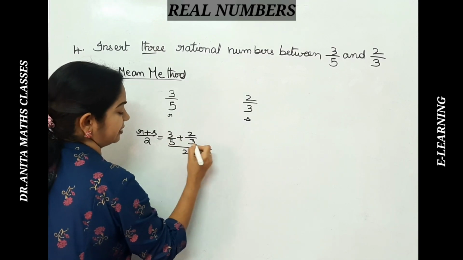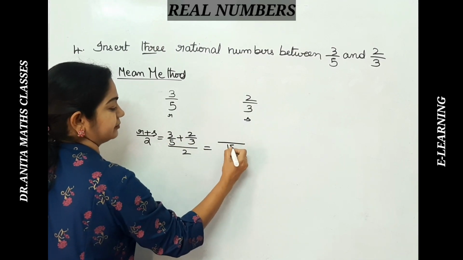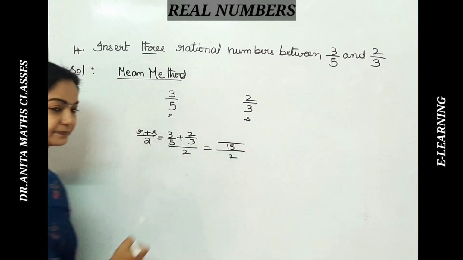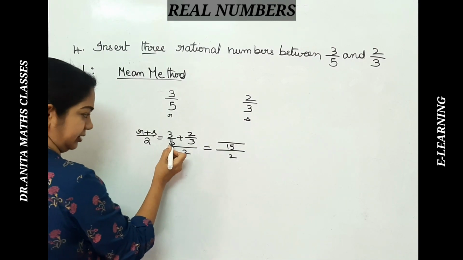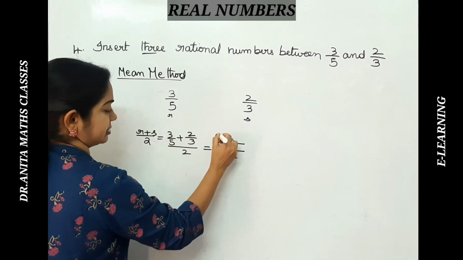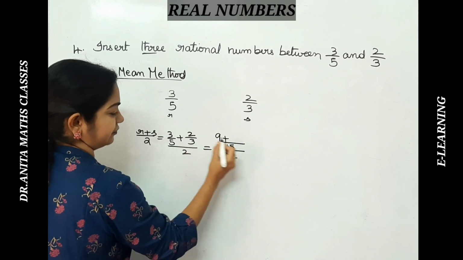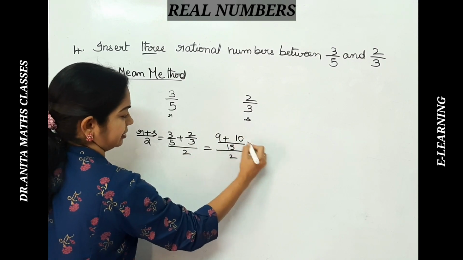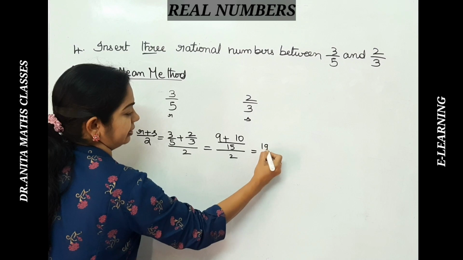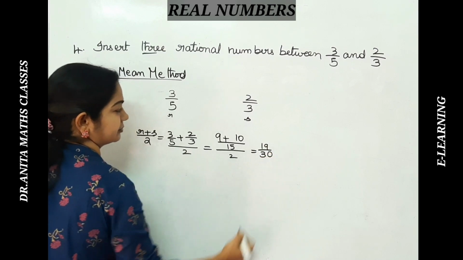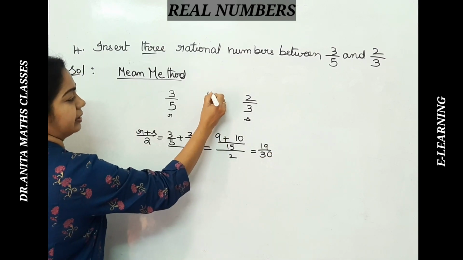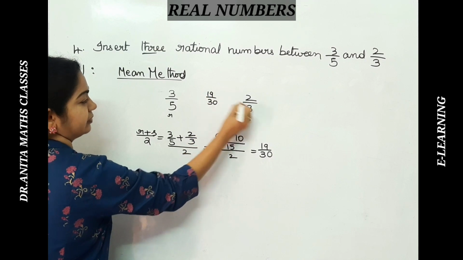Here 5 and 3, you can take the LCM 15. 5 threes are 15, 3 fives are 15, so 5 twos are 10. So here it is 19 by 30. That is one number, 19 upon 30, in between these two.